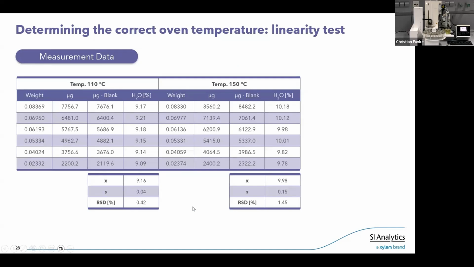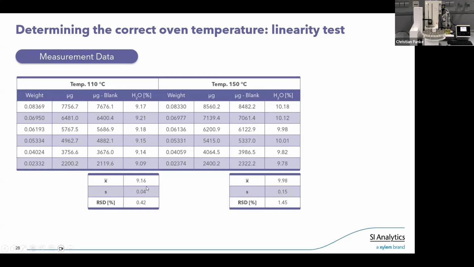We made, as I said, a so-called linearity test at 110 and 150 degrees. For both temperatures we used 6 different weights, between 20, 25 microgram to slightly above 80 microgram, and calculated the mean value and the standard, respectively relative standard deviation.